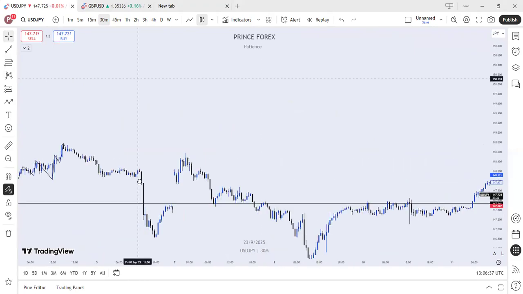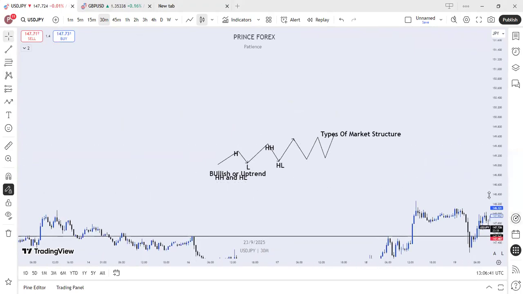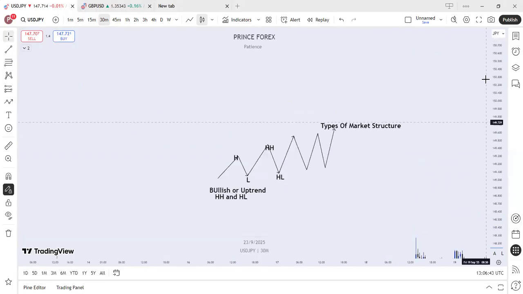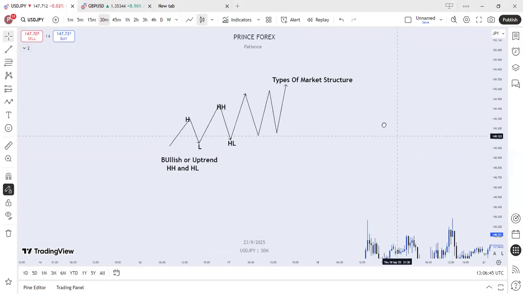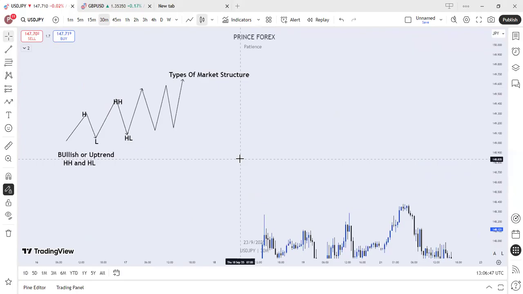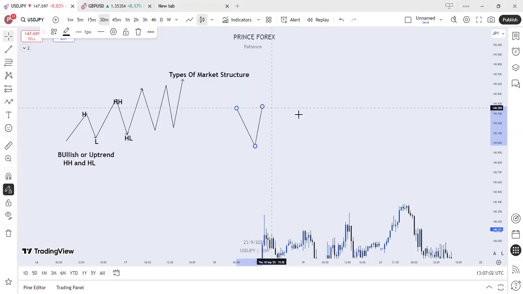It is similar for downtrend as well. So for downtrend, it is characterized by what we call lower highs and then lower lows. Lower highs and then lower lows. So let's consider this move here.